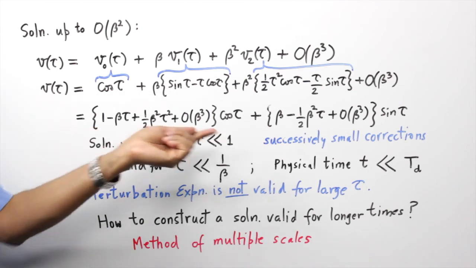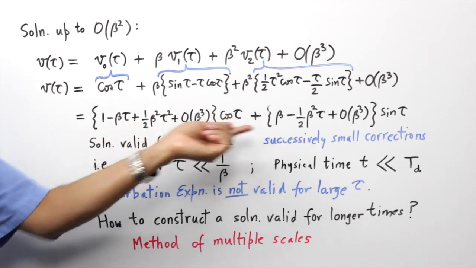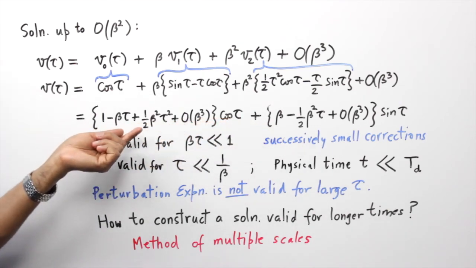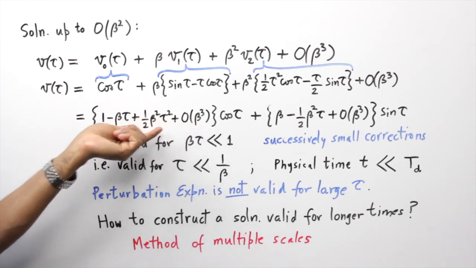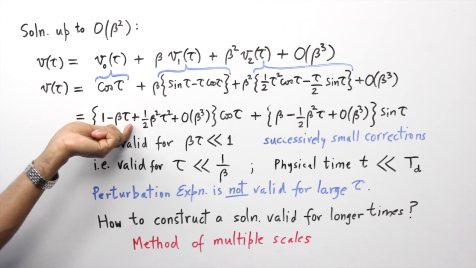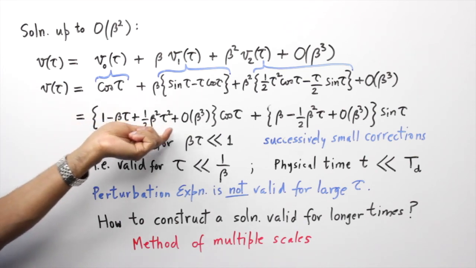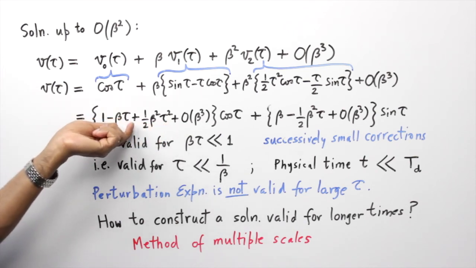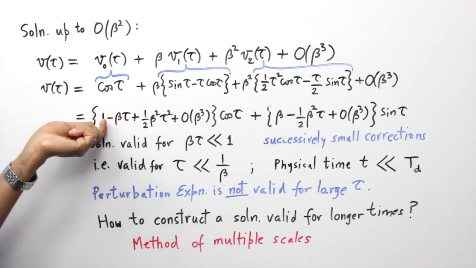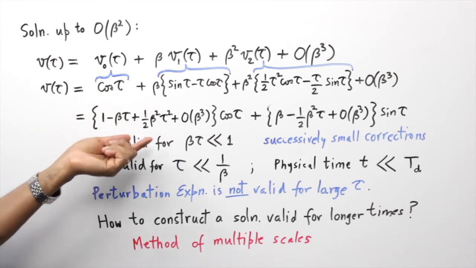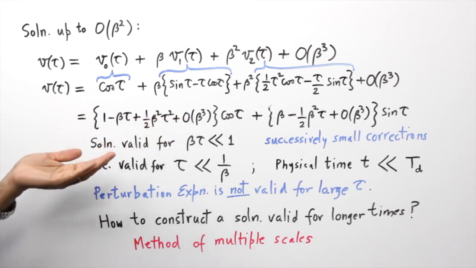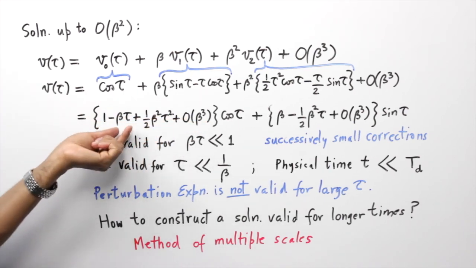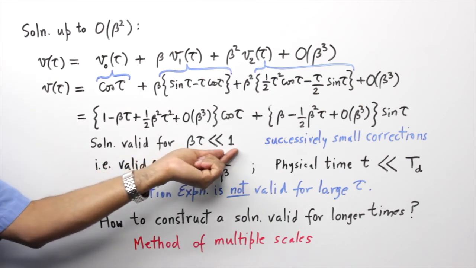Of course, as we look at it, we can see that this successive correction idea is appropriate provided terms that appear at higher powers remain small compared to terms that appear at lower powers. And so we can compare terms at higher power compared to lower power, or this relative to this, and so on. And we can deduce that this successive approximation will remain valid if beta times tau is a number which is less than 1.